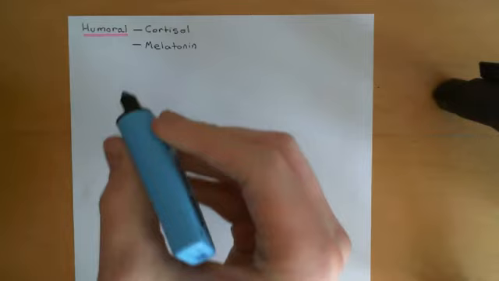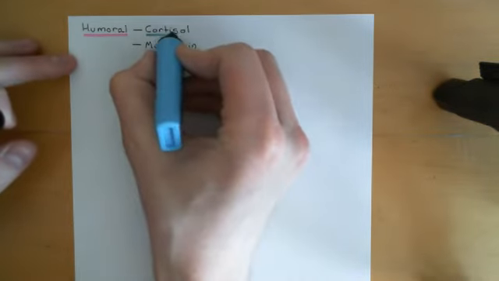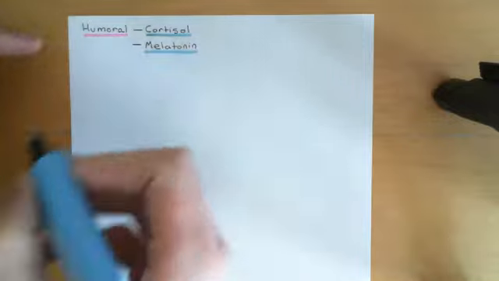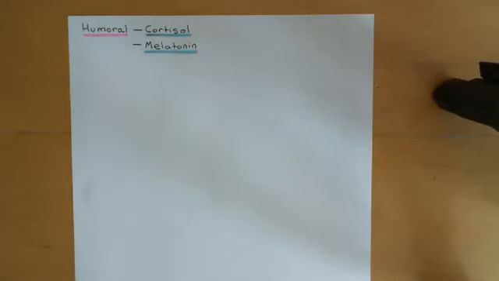What I want to discuss now is how these two hormones oscillate within the blood on a circadian basis, and how the suprachiasmatic nuclei drive this oscillation in their levels within the blood.